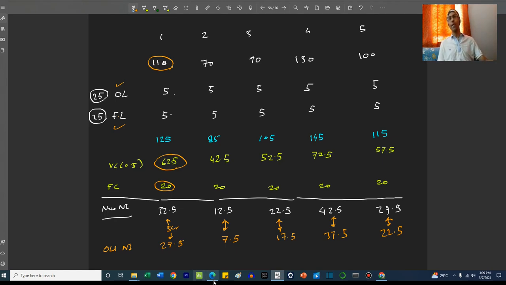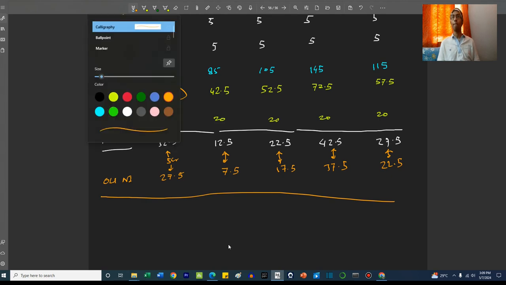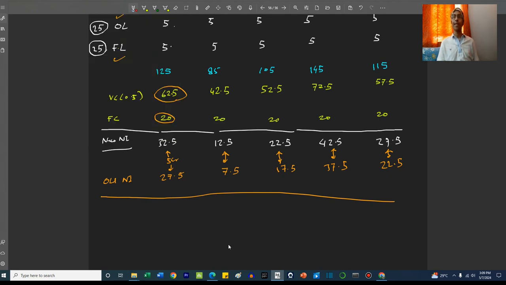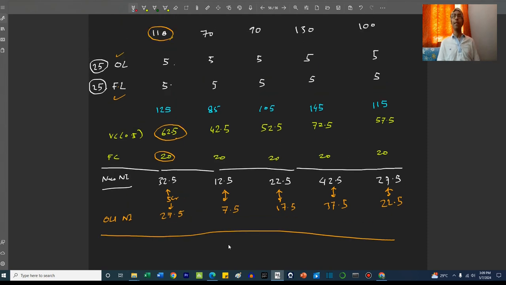So the new revenues become, let us write the new revenues in this scenario. We have increased the revenues only by 7 crores by adding this additional cost, right?